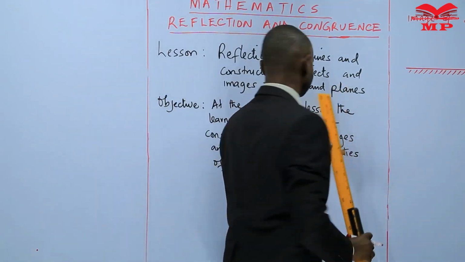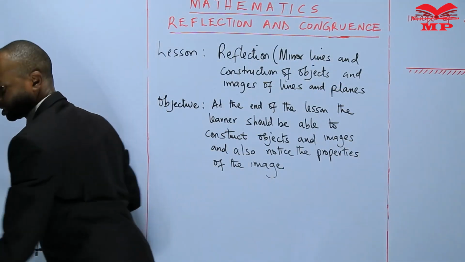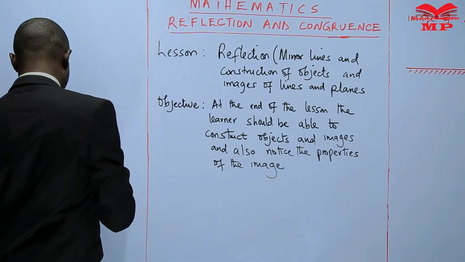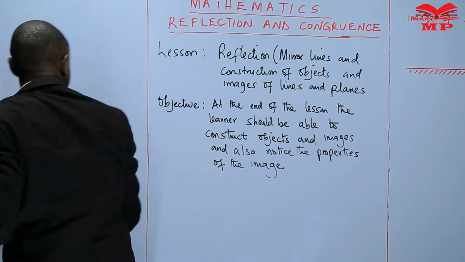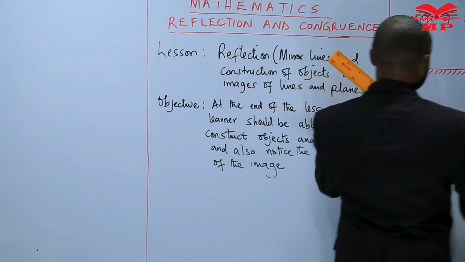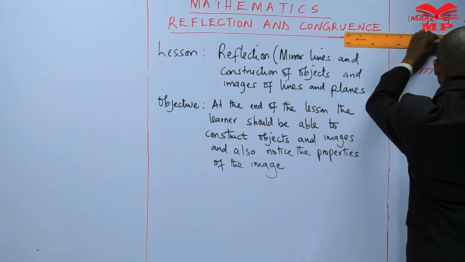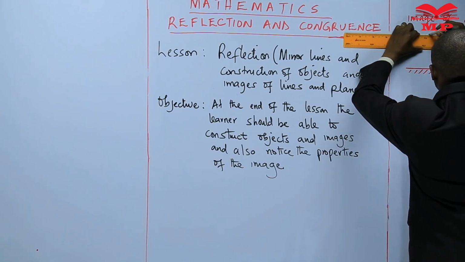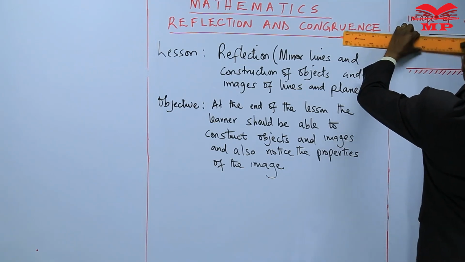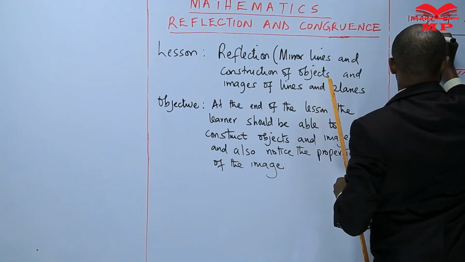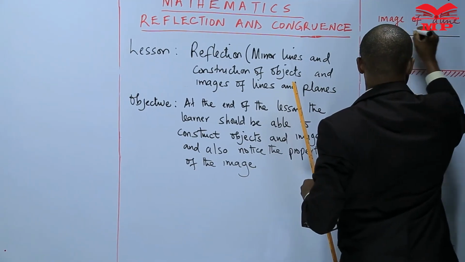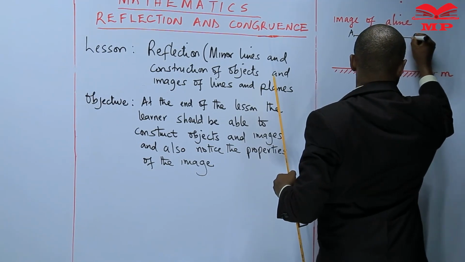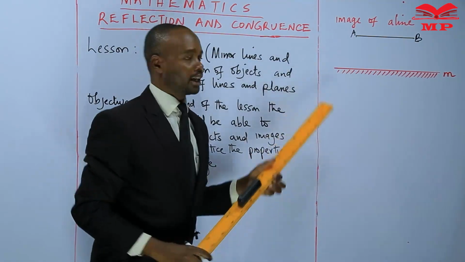So if we have our object, our object is the line AB.